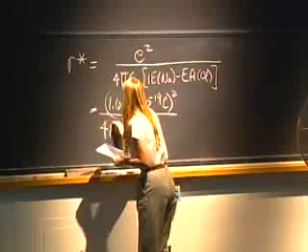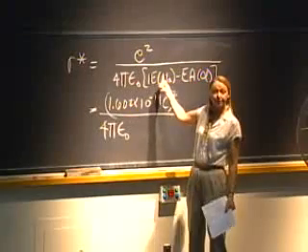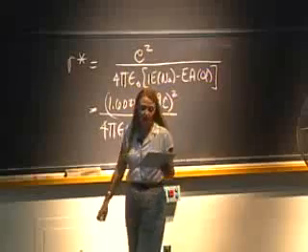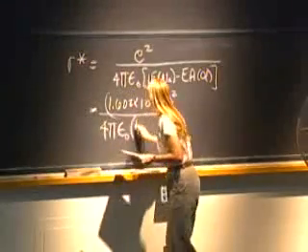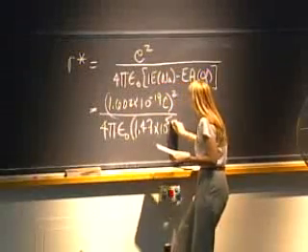I have a 4 pi epsilon naught, and I know what epsilon naught is. And the difference between the ionization energy and the electron affinity I calculated over there, that's 147 kilojoules per mole, or 1.47 times 10 to the 5th joules per mole.